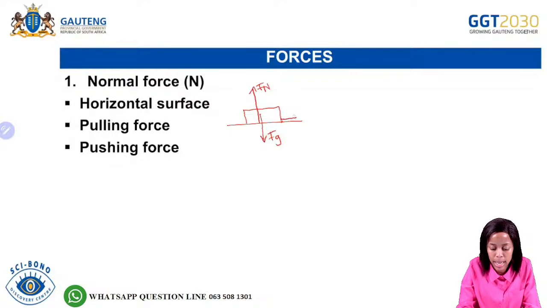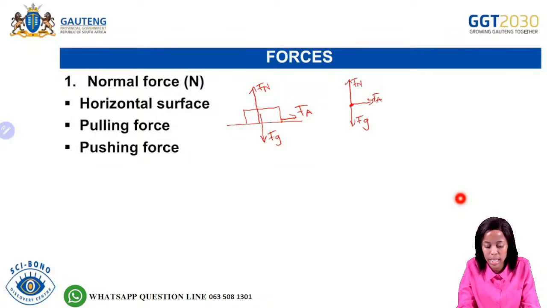Let's say, as an example, you had an applied force to the right hand side. Your applied force would be your Fa. How would you represent that using a free body diagram? You would represent your object using a dot, with your normal force going up, your gravitational force going down, and your applied force going to the right hand side.